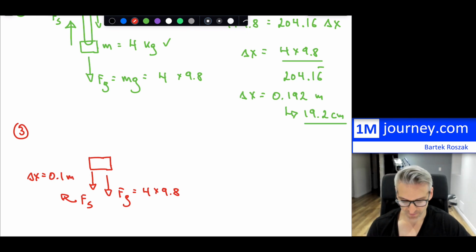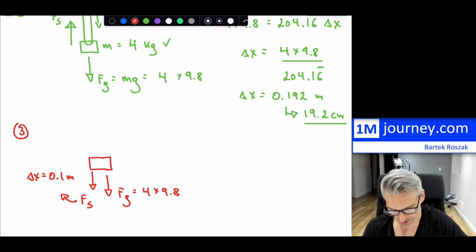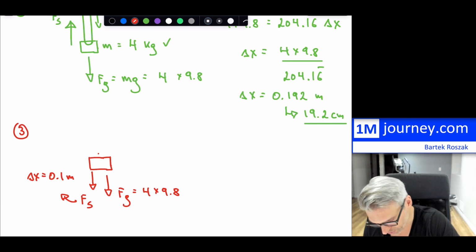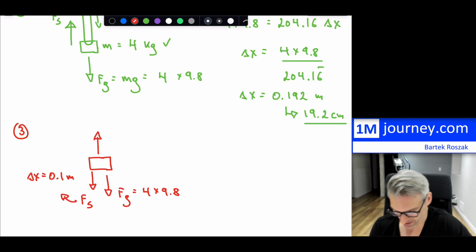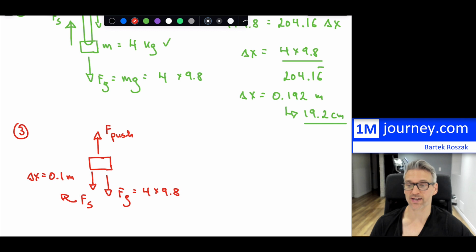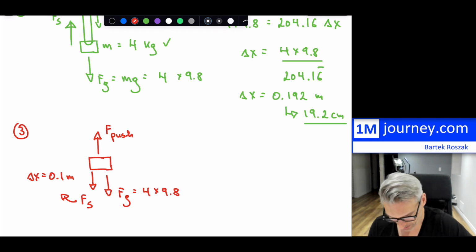Now we're using the exact same spring, so we're going to have the same constant in here. And now if you want to keep this in equilibrium, obviously if you're compressing this, you must be pushing upwards in some way.